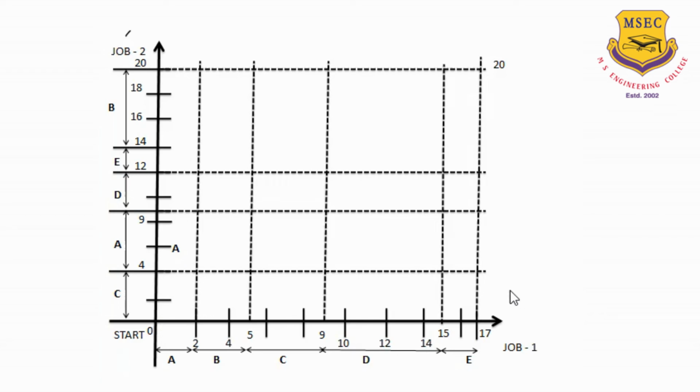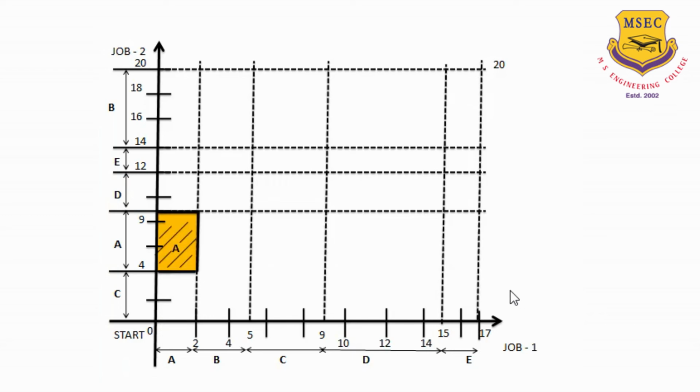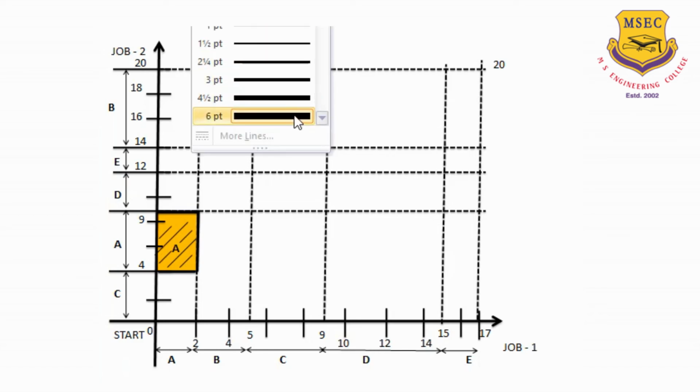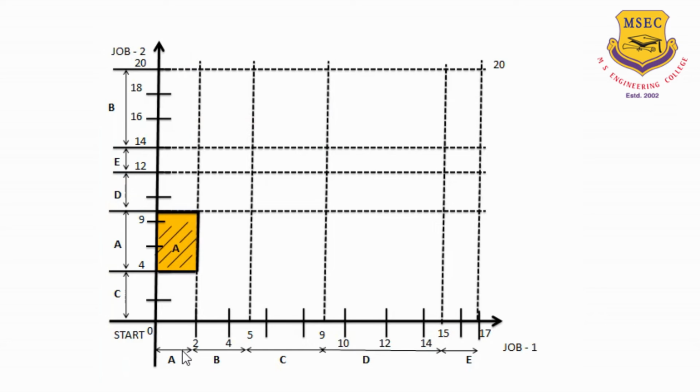In this next step, we are going to mark the intersection zones. For example, job 1 on machine A takes 2 units of time, and job 2 on machine A is going to take 5 units of time.